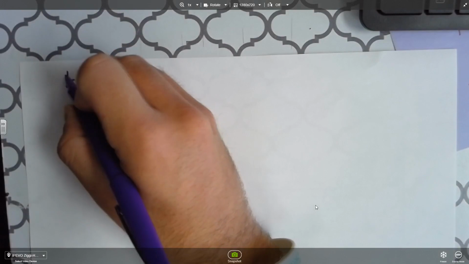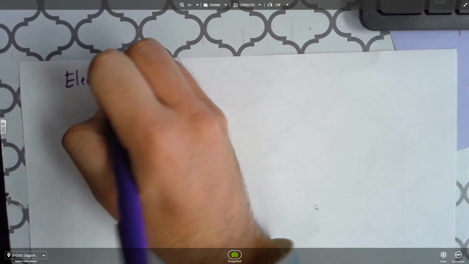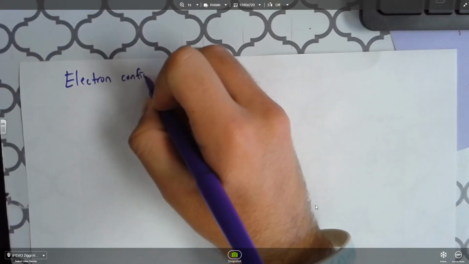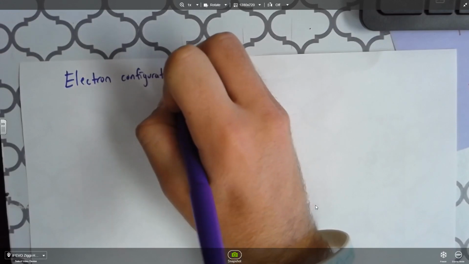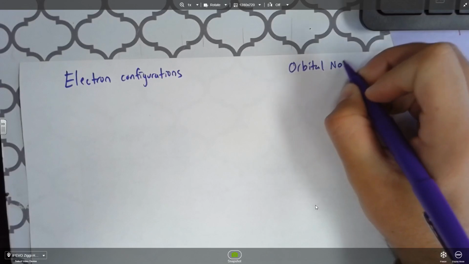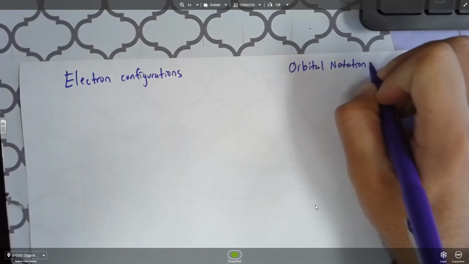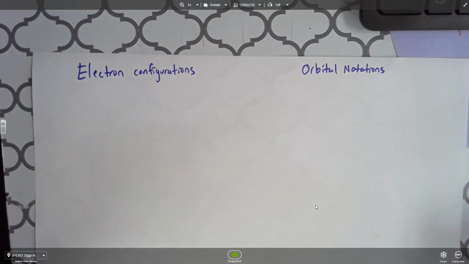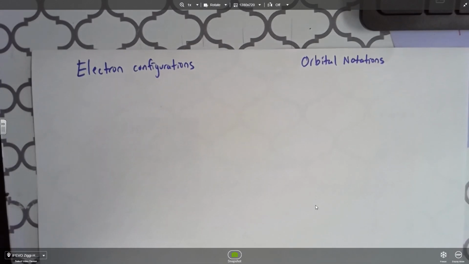We have electron configurations and we have orbital notations. Okay. And so I'm going to compare and contrast the two here, and then we're going to do some examples of these. So it hopefully will help you understand this a little bit better.